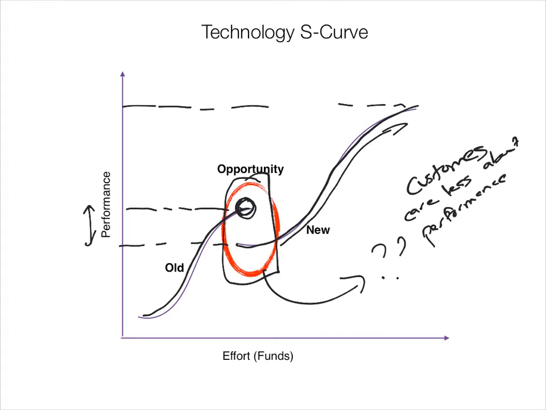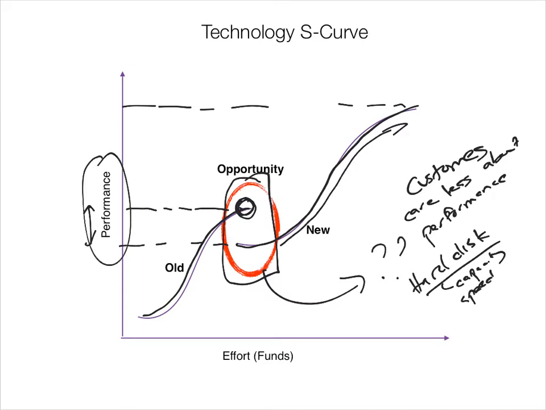Clay Christensen identified hard disk drives as an example of where this can occur. Why? Because hard disk drives have capacity, they have speed, and other things that people measure in terms of performance. But at the same time, they can get big and energy hungry.